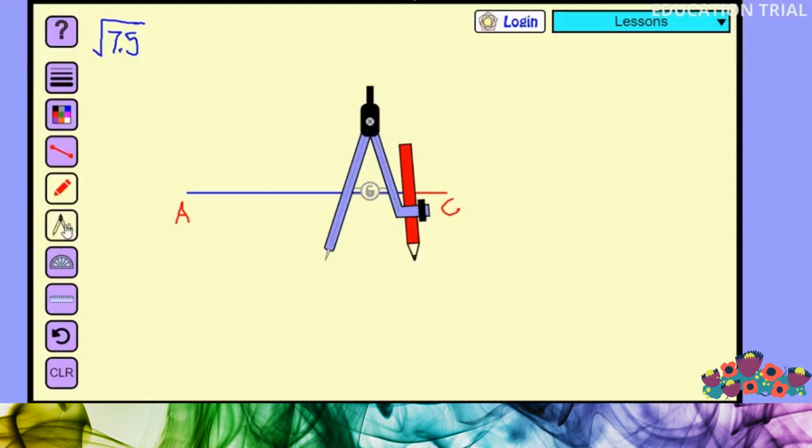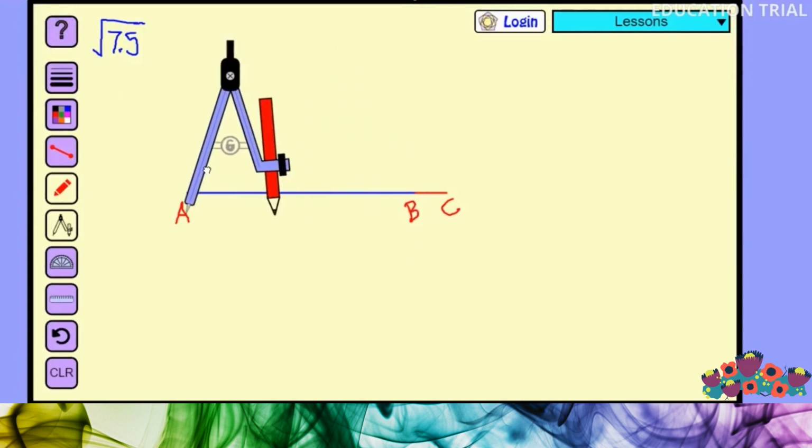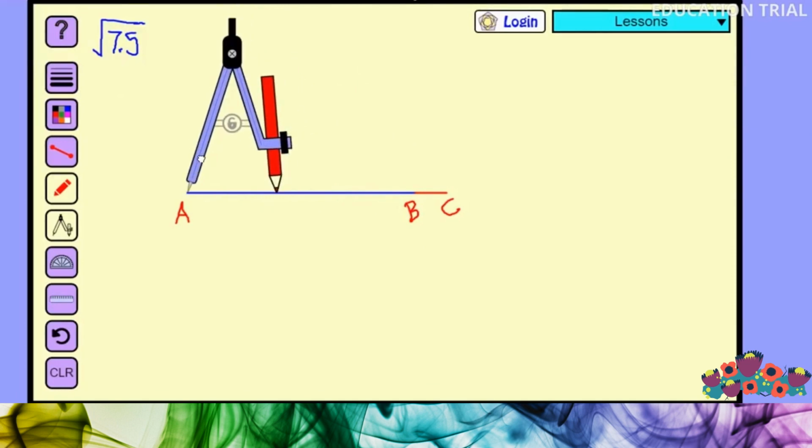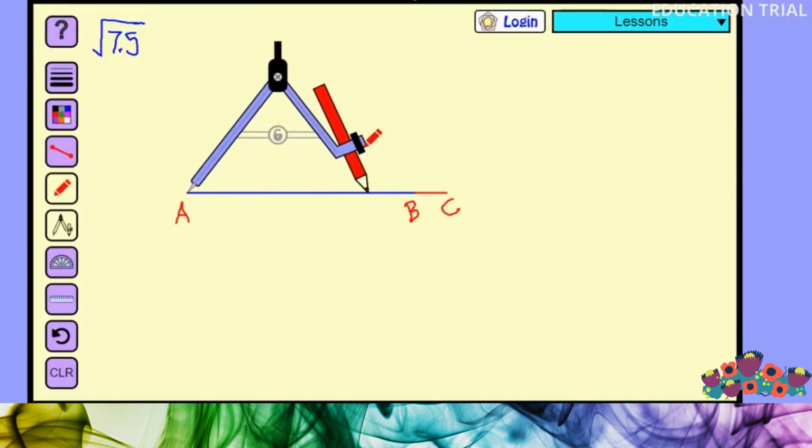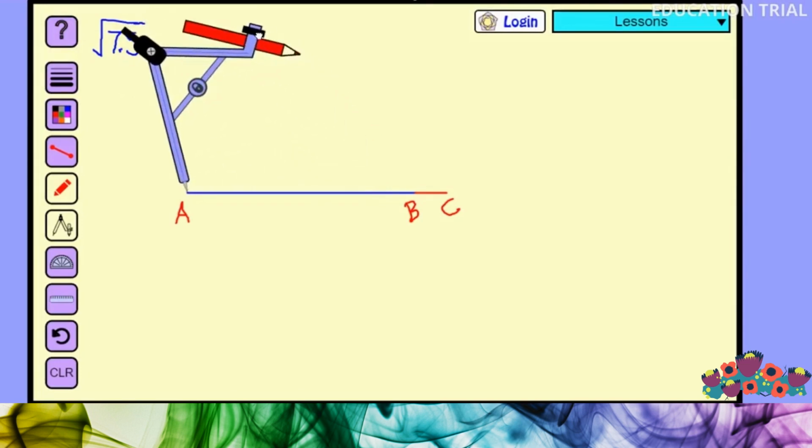Next, I want to find the midpoint of this line segment. So I am taking the compass and placing the compass at one end of the line segment and taking a measurement more than half of the line segment, and I am drawing an arc above and below, trying to make a perpendicular bisector.